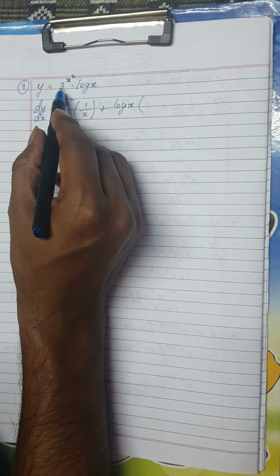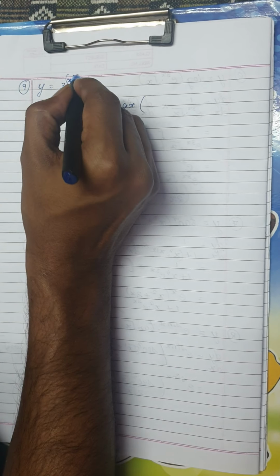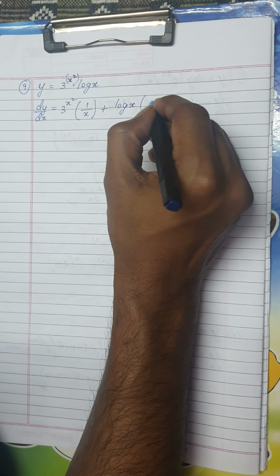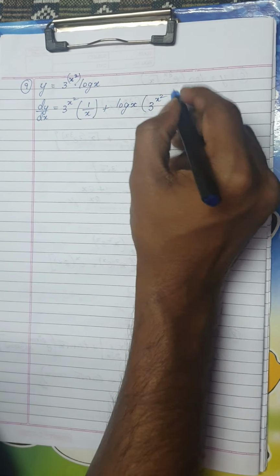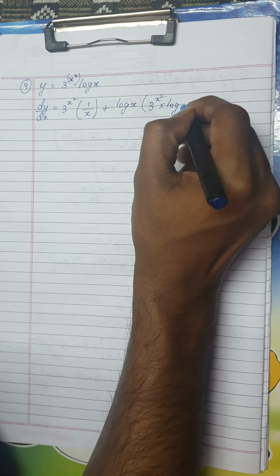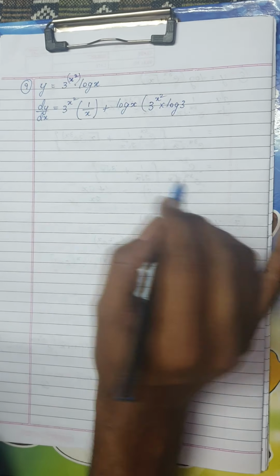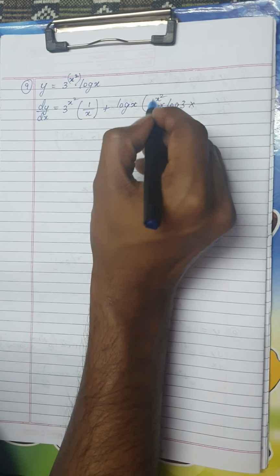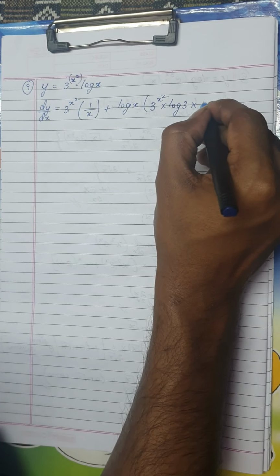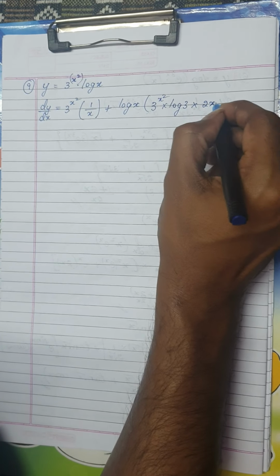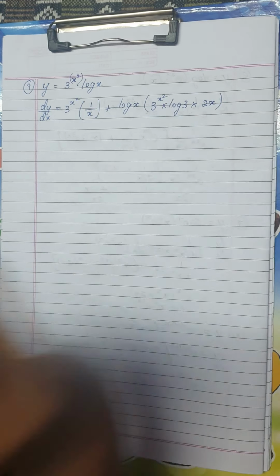Now this is of the form 3 power, again a function here, x square. So 3 power f of x, that is a power f of x is a power f of x into log a. So a means 3 here, into, I have to derive the inside function which is x square. So derivative of x square is 2x.